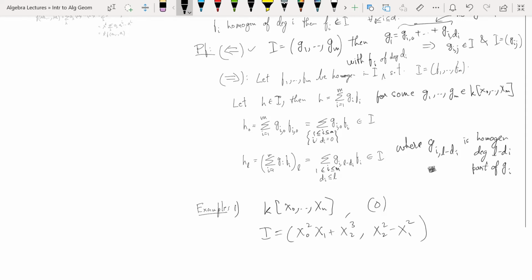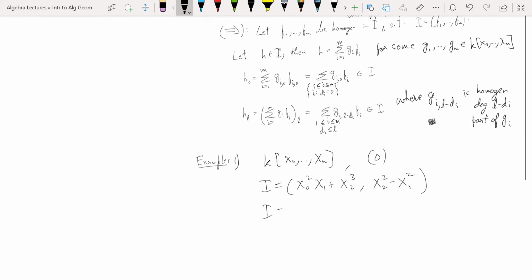Both are homogeneous polynomials, one of degree 3 and one of degree 2, so the ideal generated by these two is a homogeneous ideal. Of course, this doesn't mean that every element in I is homogeneous. You take the sum of these two, then it's in I, and it's not homogeneous. But you take any element in this ideal I and look at its homogeneous pieces, then those should be in I. That's what we observed.